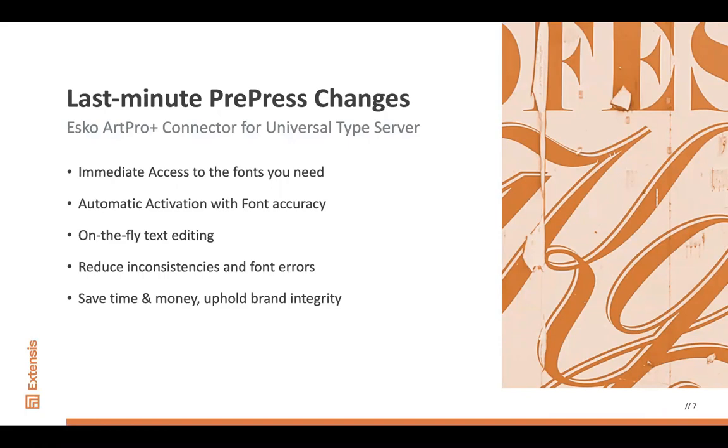We particularly see this as useful in print packaging workflows where, God forbid, if any packaging is produced with incorrect information on the label, as you can imagine, that could be a particular legal minefield if things go out, a product on the shelf with incorrect information. So being able to reduce those inconsistencies, those font errors, saving time and money, it also helps, therefore, uphold your brand integrity.